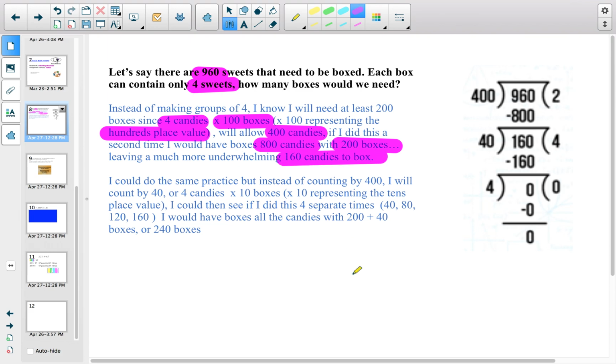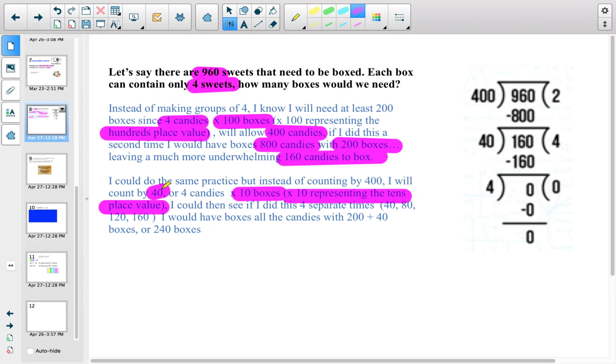I can't group in hundreds anymore, but what I could do is break it up into tens. Okay, I have 160 left over. Well, I know if I box in groups of 10 boxes, I'll be counting by 40.